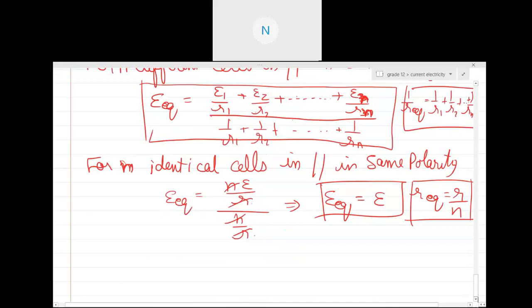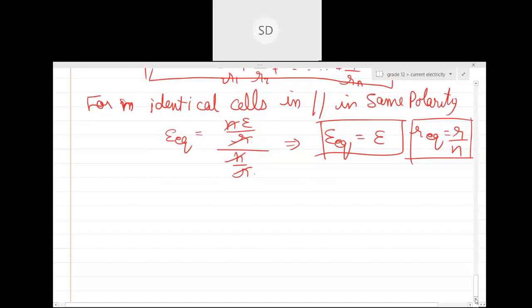Chalo, let's start with the questions, or let's discuss one more concept of battery grid, then we'll do some questions based on this. And after battery grid, we'll do some more questions, okay?